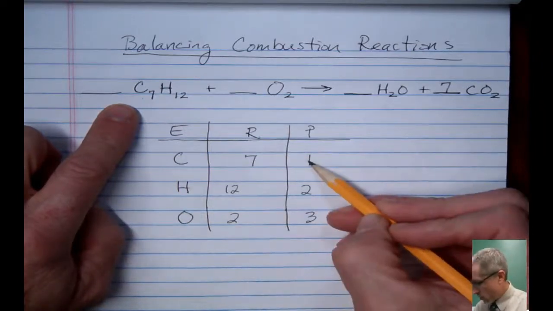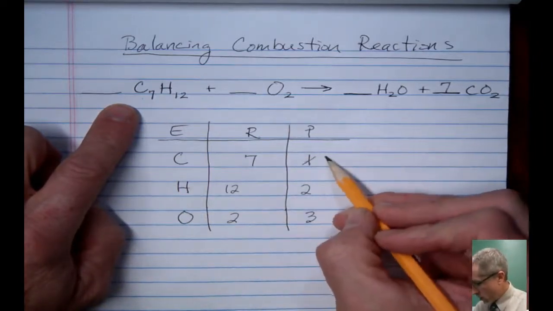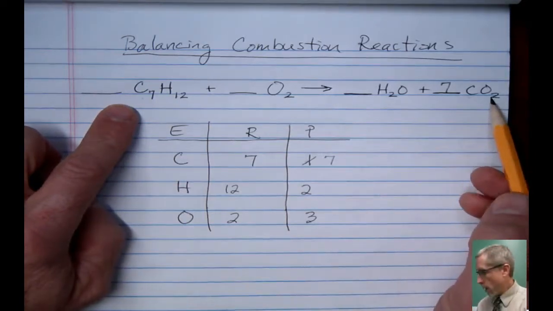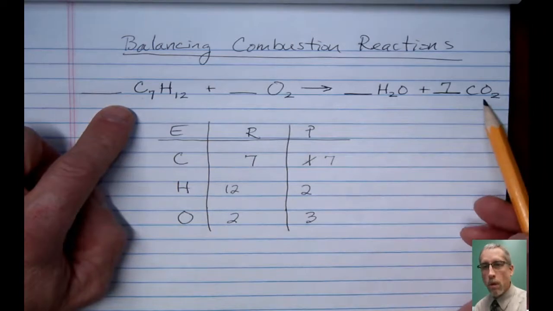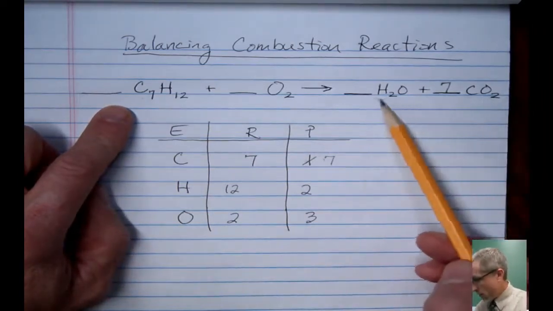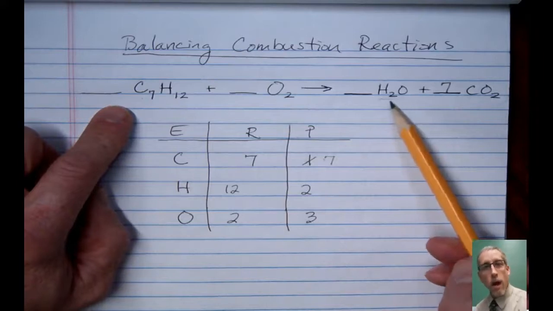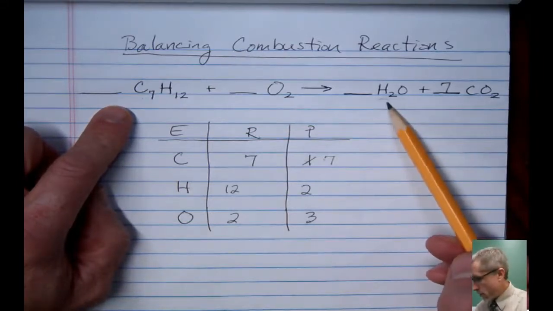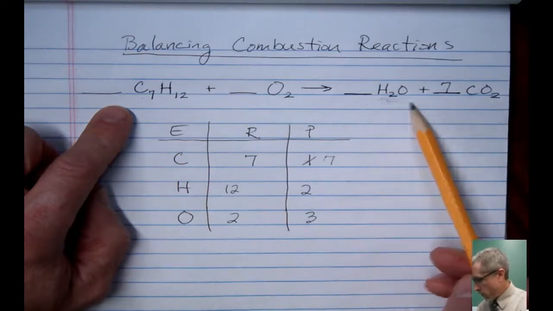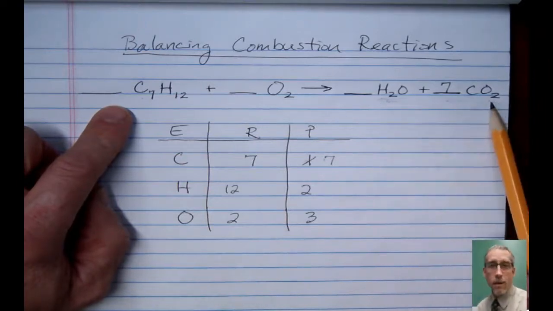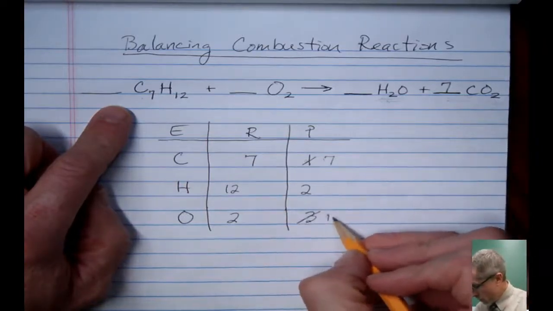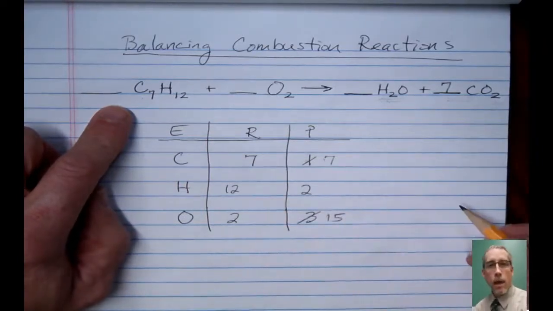So now I change my product side to show 7 carbons, and I've also changed my oxygen. But be careful here. You don't just multiply it by 7 the way you did here. We have to remember that we have an oxygen atom in the water molecule. So we still have 1 here, plus we have 14 now represented over here. That's a total of 15 oxygen atoms represented.